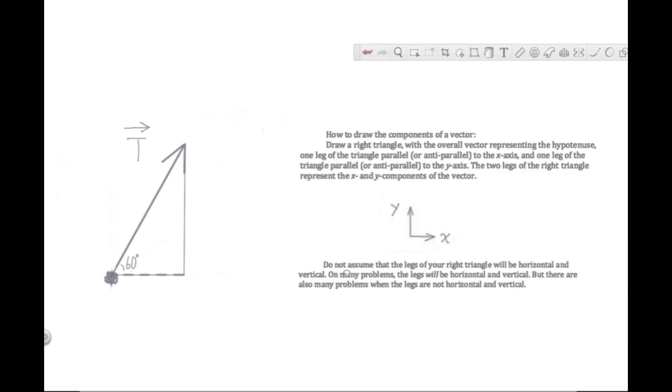But there are also many problems where the legs are not, because you will later see many problems where you do not use horizontal and vertical axes. So don't assume that. Instead, just make sure that one leg is parallel to the x-axis and one leg is parallel to the y-axis, however you might have drawn your axes.